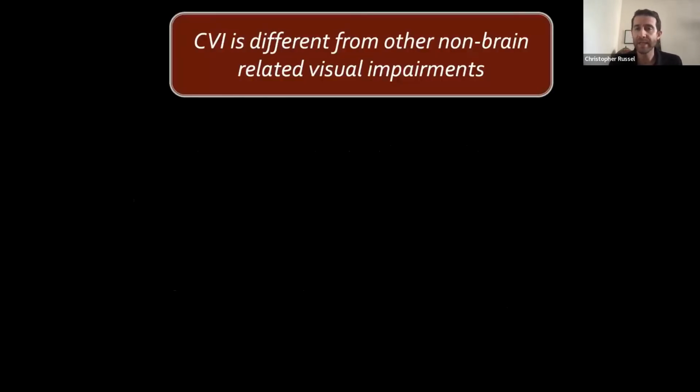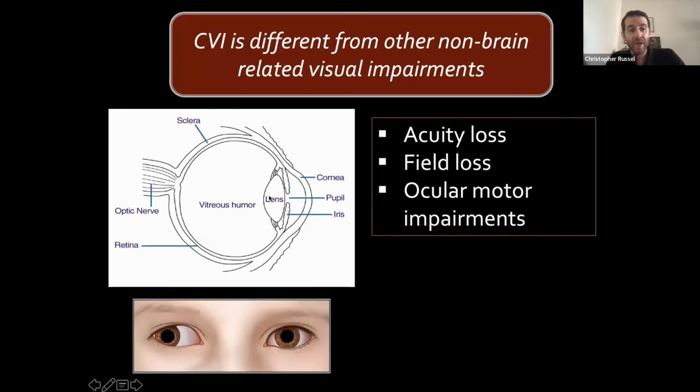CVI is completely different from other non-brain related or ocular forms of visual impairment. When you have a child with an ocular or eye-related visual impairment, you can basically look at the cross-section of the eye here up on the top left. If you have an ocular visual impairment, you need to know what the specific condition is.